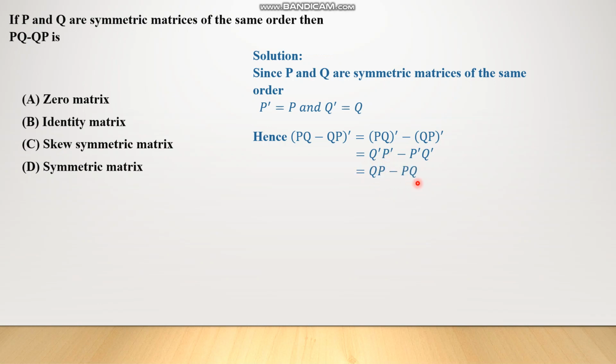And if I want to reverse it, the minus will come outside and the answer will be minus of (PQ minus QP). Now we can see that the transpose of the matrix is the negative of this matrix. If it is the negative of that matrix, obviously it should be a skew symmetric matrix. So the answer for this question is option C, skew symmetric matrix.